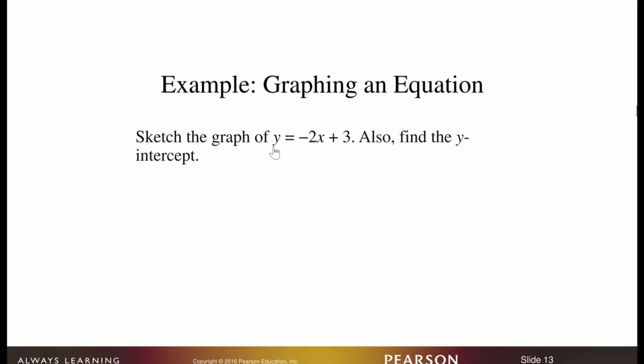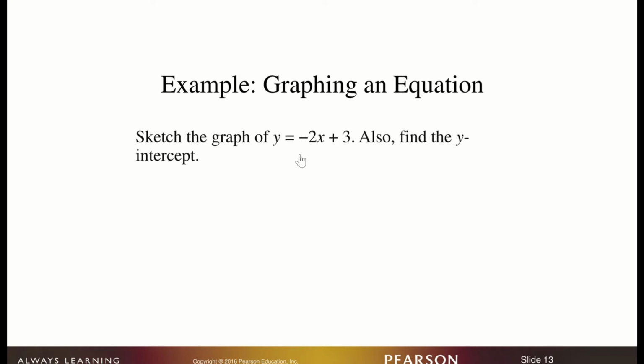All right, so here we're asked to graph this equation and also find the y-intercept. Now, just looking at it, we can see it's in the form of y equals mx plus b, so we know it's going to be a straight line. So if somehow it doesn't turn out a straight line, we know we made some kind of an error in our table creation, right?